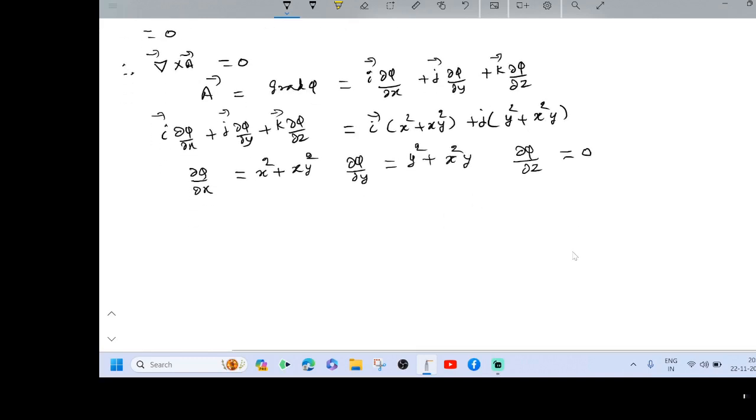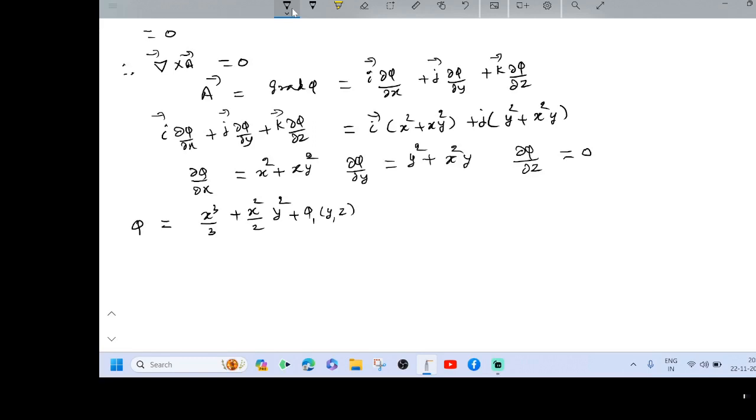Now if you integrate this equation with respect to x, we can get phi equal to x³/3 plus x²/2 into y² plus phi 1 of y comma z.